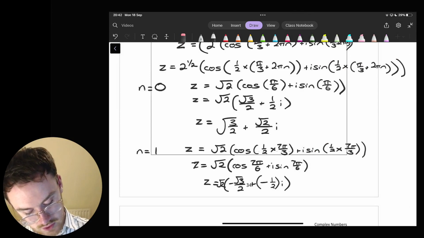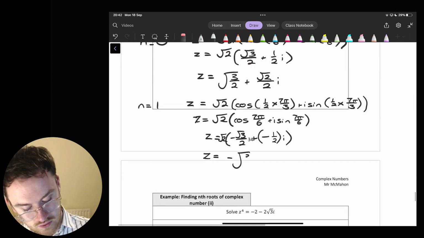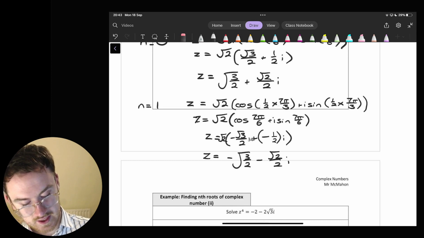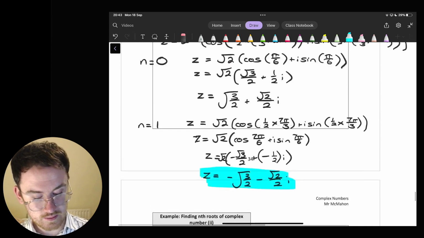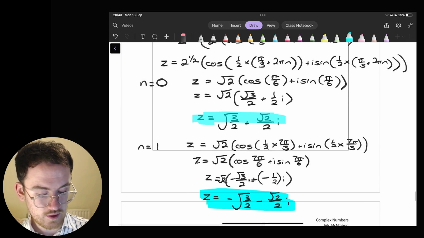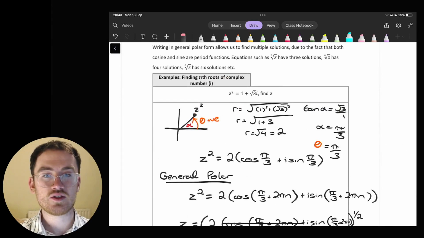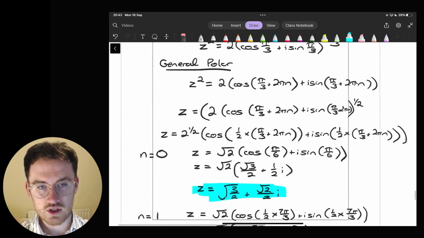Okay, and the root 2 in front, so we get that z is minus root 3 over 2 minus root 2 over 2 i. And those are our two answers that we have there. So again, two solutions because we're doing to the power of 2. We're looking for z. We're given z squared. We're finding the square root, so two solutions.